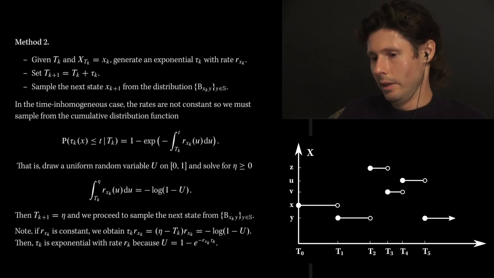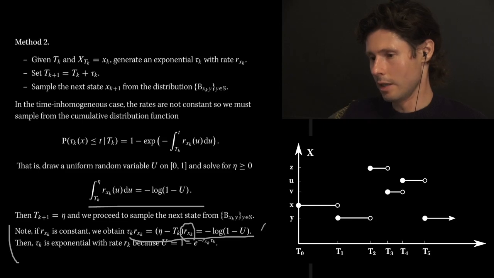And here I'm just being a little bit pedantic. If r_xk is constant, then you obtain from this equation exactly what you would expect to sample an exponential, right? This r_xk gets divided up here, and you get exactly the same formula that I had started with.